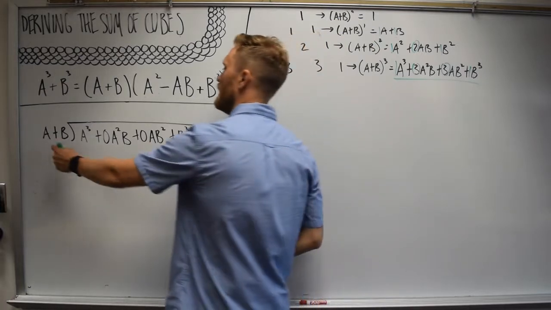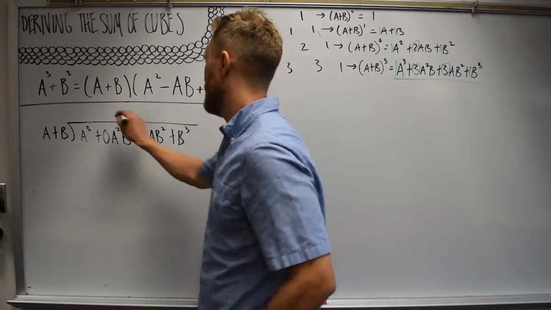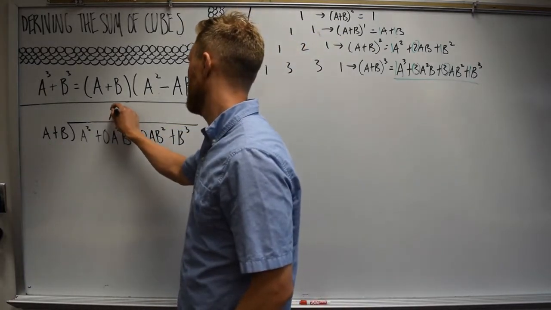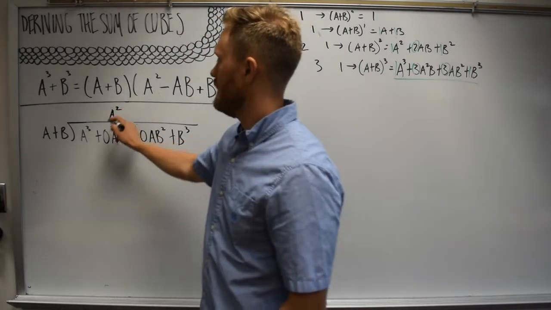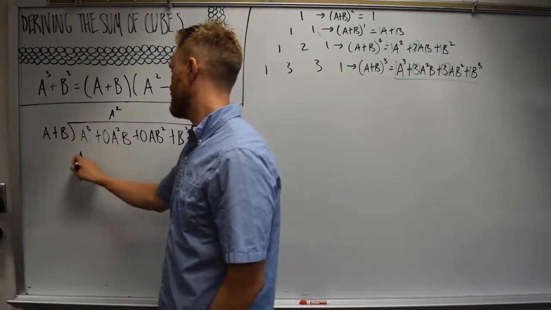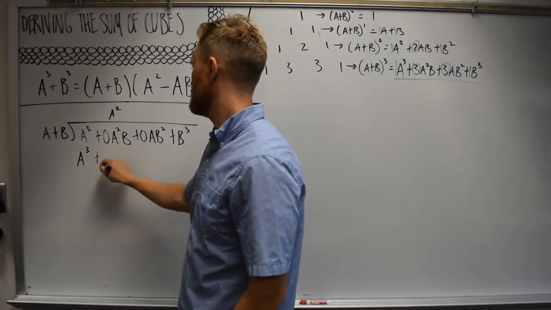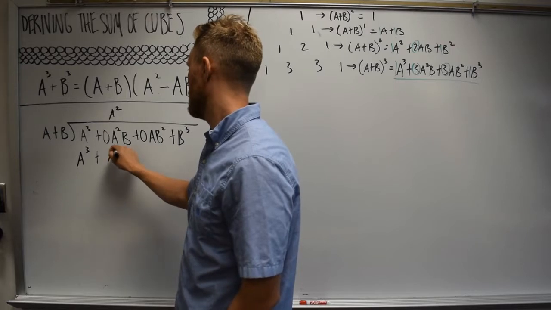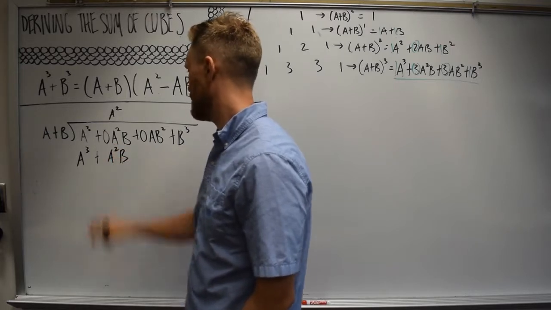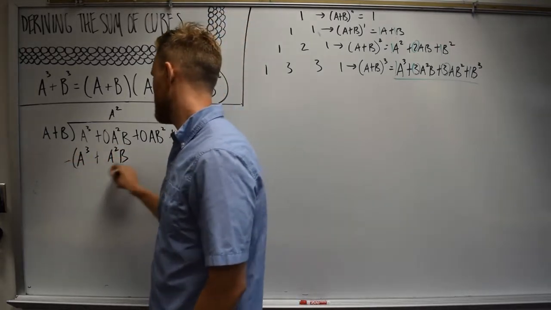So a goes into a cubed a squared times. A squared times a is a cubed, and then a squared times b is a squared b. And then we're going to go ahead and subtract this.